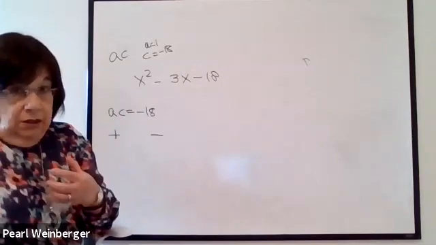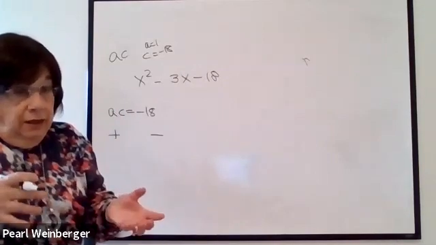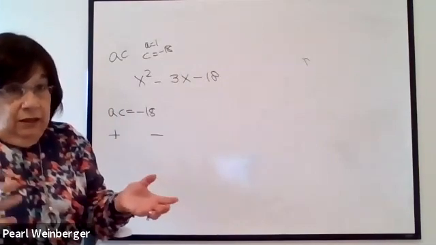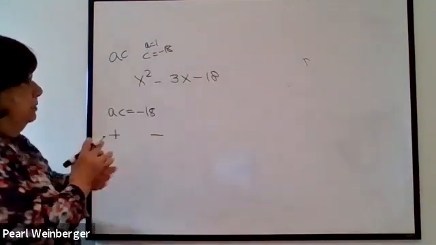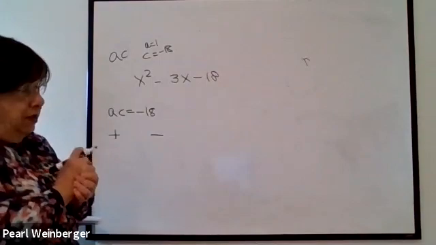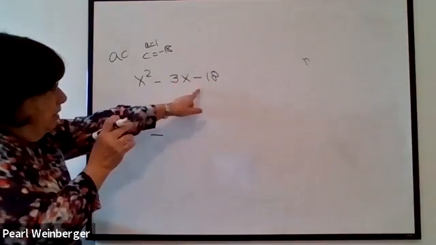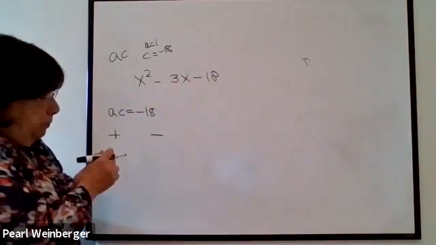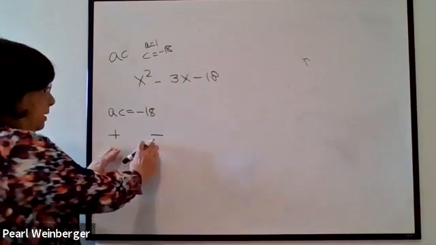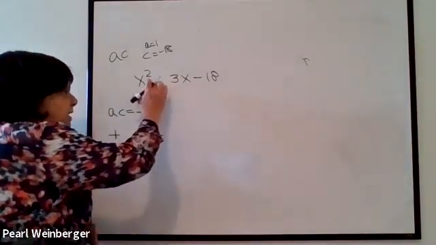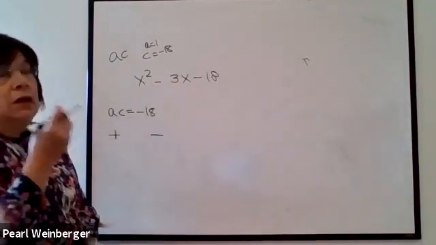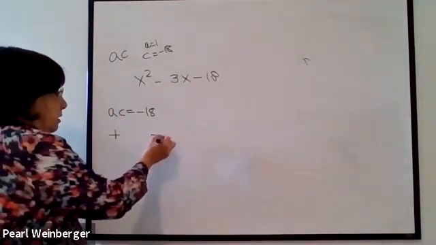Because 6 times 3 is 18. The question is, which one should be the positive and which one should be the negative? Because since this is negative, one of my numbers is going to have to be positive and one of them is going to have to be negative. But since when I combine them, the final answer is negative, it means the larger number has to be the negative.